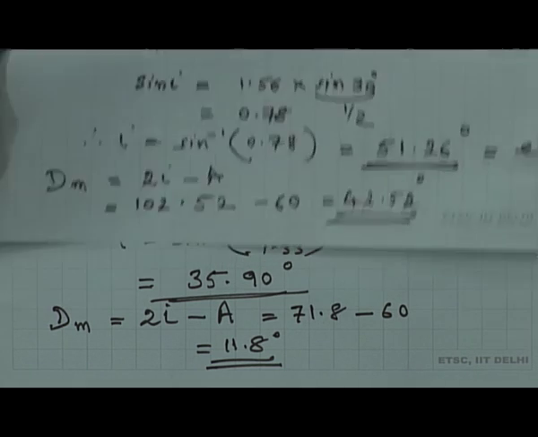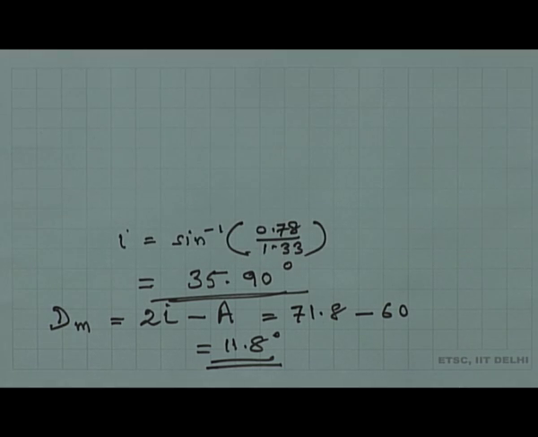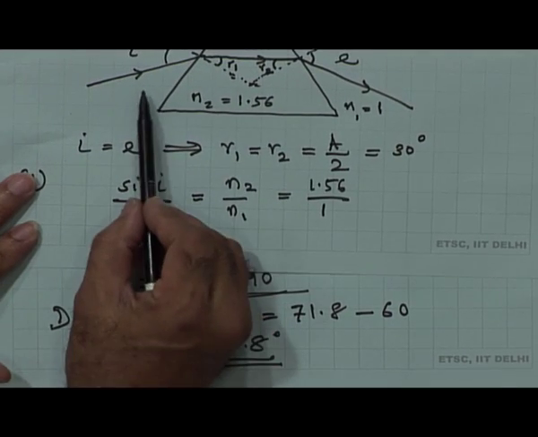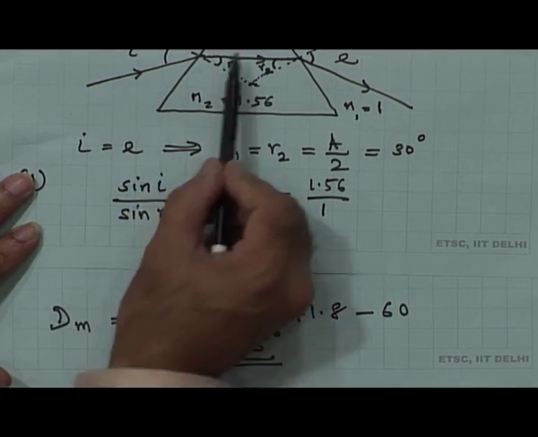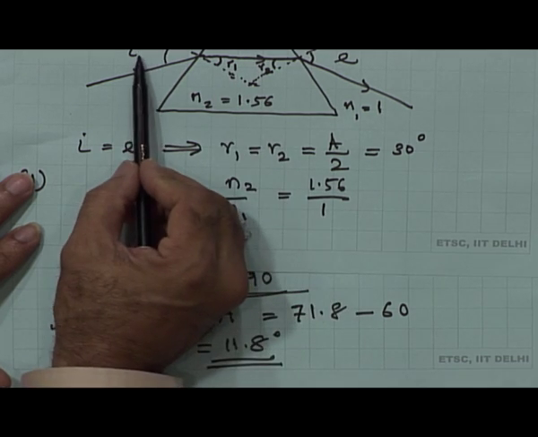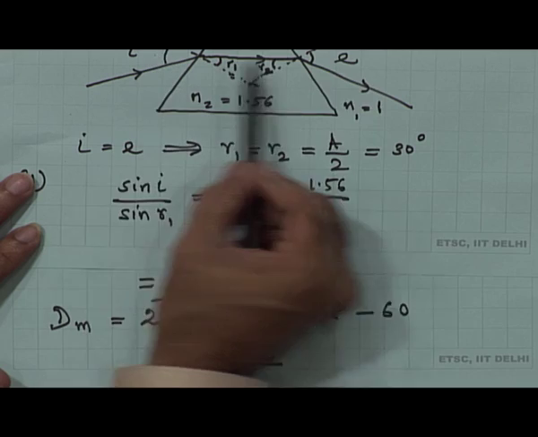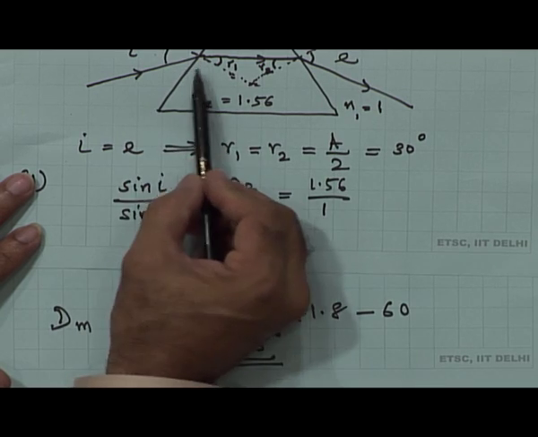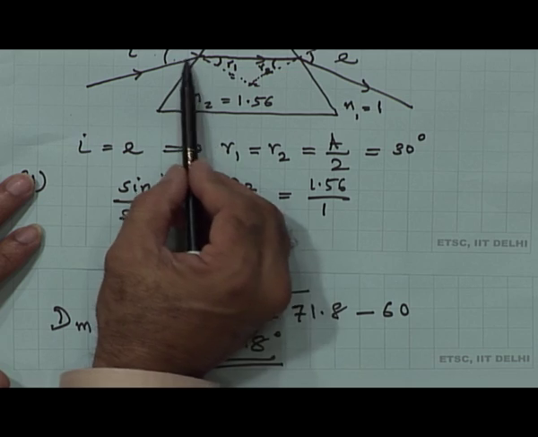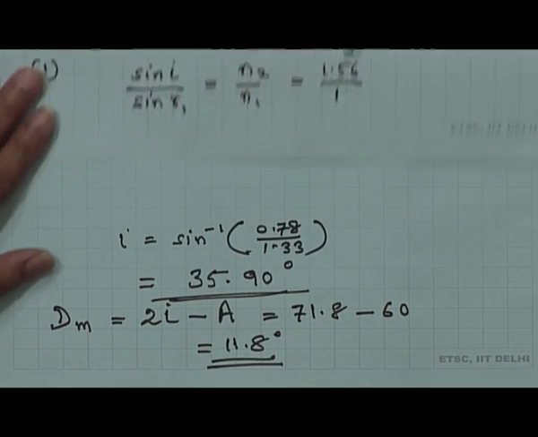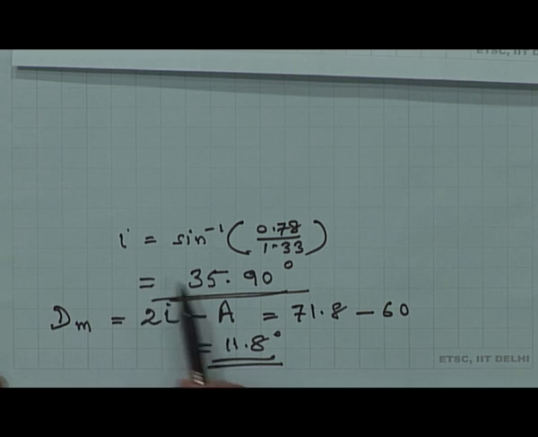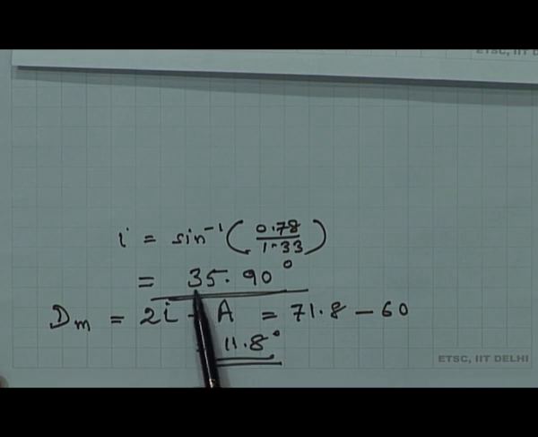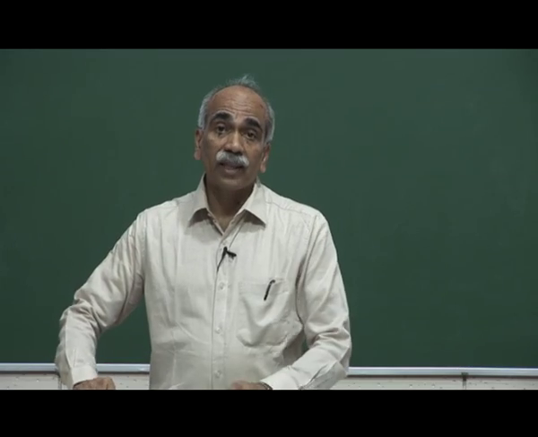Obviously, it is understandable if we see the figure that if the refractive index here is 1.33, then the refraction will be much smaller. If I has to be equal to E, I has to be much smaller, because the refractive index difference is much smaller. That is how we have got I equal to a smaller number, 35.90, and the deviation equal to 11.8 degree.